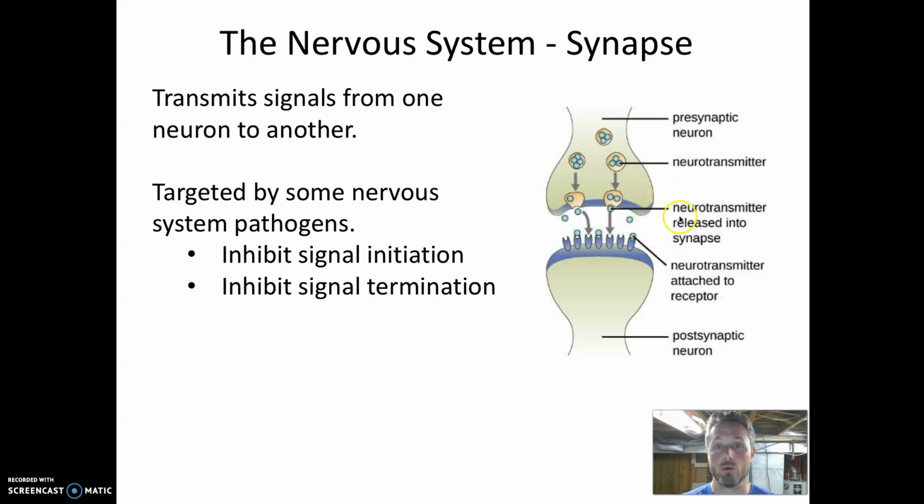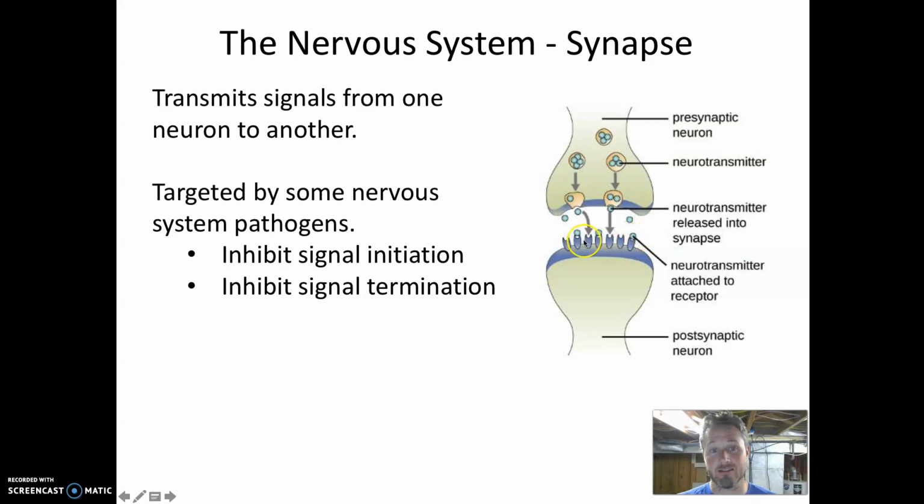If we don't remove those neurotransmitters normally, we can send signals for too long, and that signal will continue when it shouldn't. And that can be really bad for nervous system function. For example, it can cause muscles to contract inappropriately for long periods of time. So again, the synapse is critically important for nervous system function, and the synapse can be a target of some pathogenic toxins.